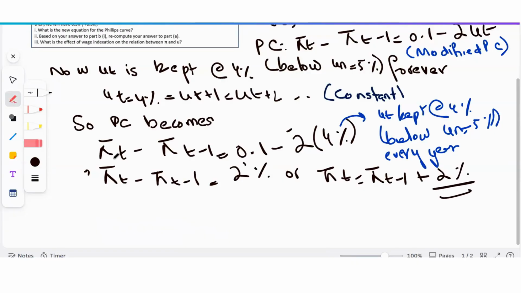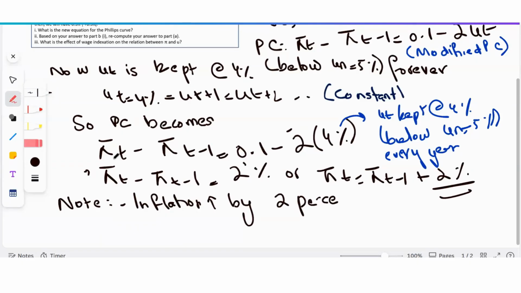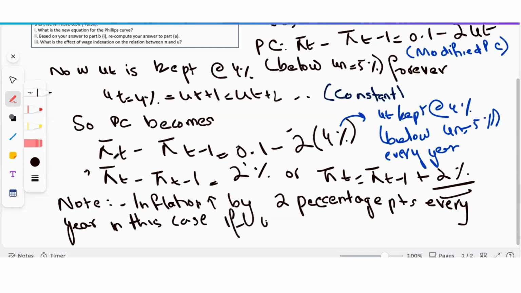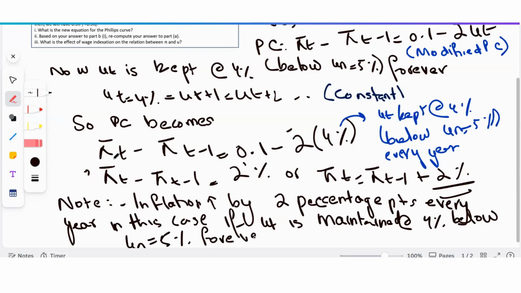So note over here, inflation increases by 2 percentage points every year in this case, if u t is maintained at 4%, below u n of 5%, forever.